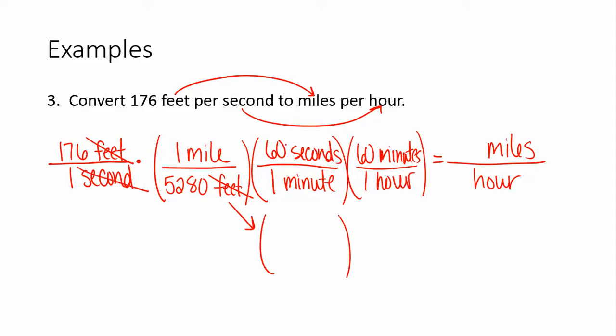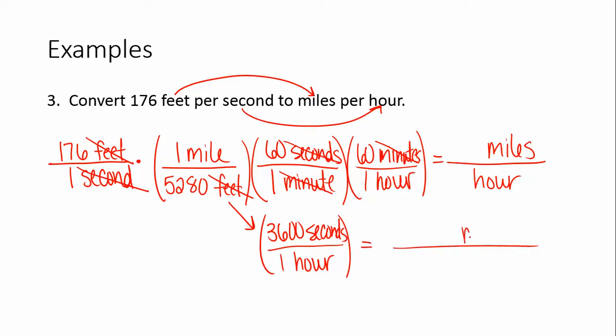My seconds down here cancel with the ones up there. My minutes down here cancel up here, and I end up with miles per hour, which is what I want in my answer. Your other option is to actually convert how many seconds there are in an hour, and you can figure that out on your own, but there are 3,600 seconds in an hour. So it takes out having to do two conversions here, and this will give you your answer also, and we'll compute it both ways.